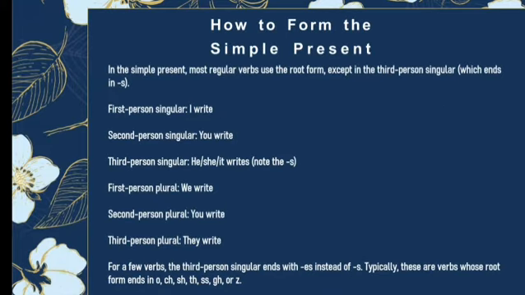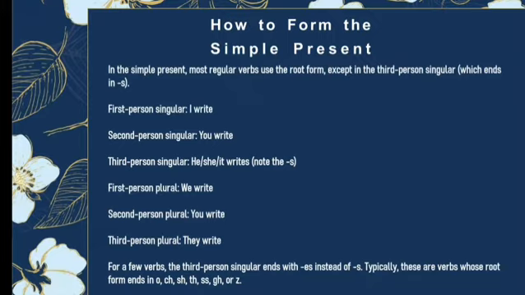How to form the simple present? In the simple present, most regular verbs use the root form, except in the third person singular, which ends in s. Example: first person singular, I write. Second person singular, you write. Third person singular, he, she, it writes, with the s.